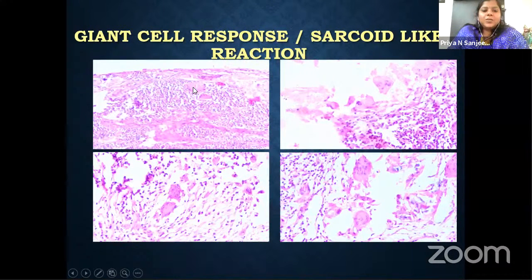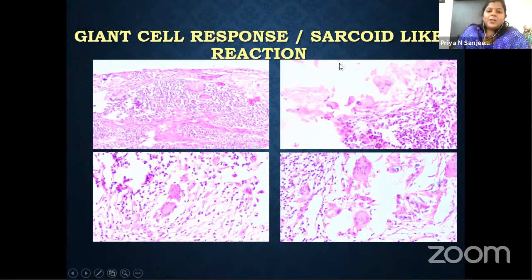So you can see both types of giant cells, foreign body type giant cells and Langhans type giant cells. And if they're organized and surrounded by the epithelioid-like cells, then you can use the word sarcoid-like reaction, which is a little common in both squamous cell carcinoma primary tumor and lymph node metastasis.